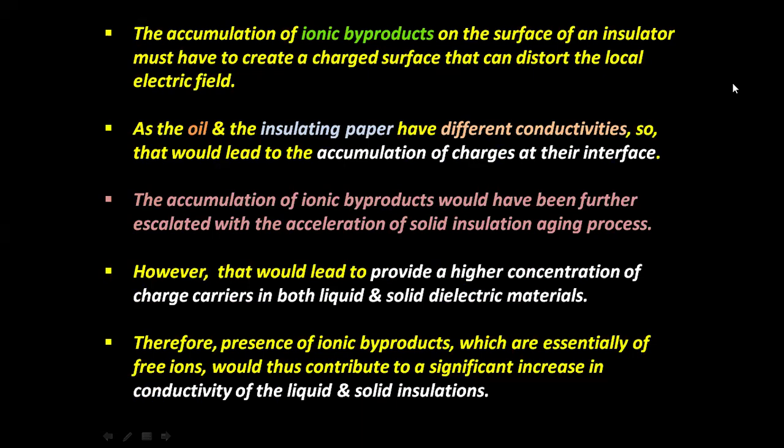The accumulation of ionic byproducts would be further escalated with the acceleration of the solid insulation aging process. That would provide a higher concentration of charge carriers in both liquid and solid dielectric materials. Therefore, the presence of ionic byproducts, which are essentially free ions, would contribute to a significant increase in conductivity of the liquid and solid insulations.